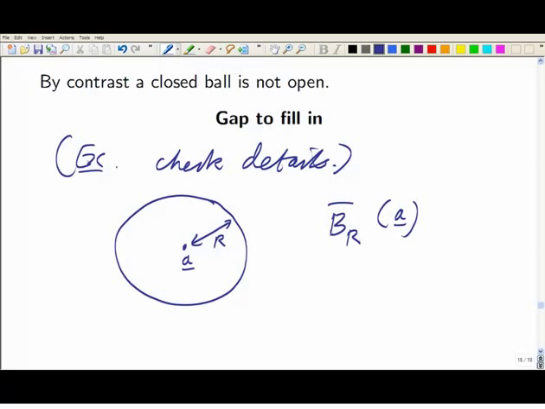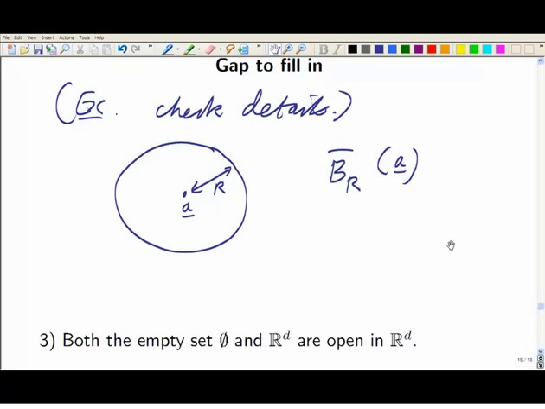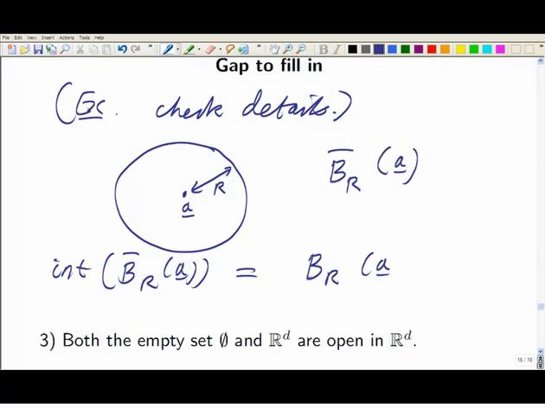Let's draw you a picture of a closed disk. But think of this as the closed ball in R^d instead, centered on the point a, radius R.